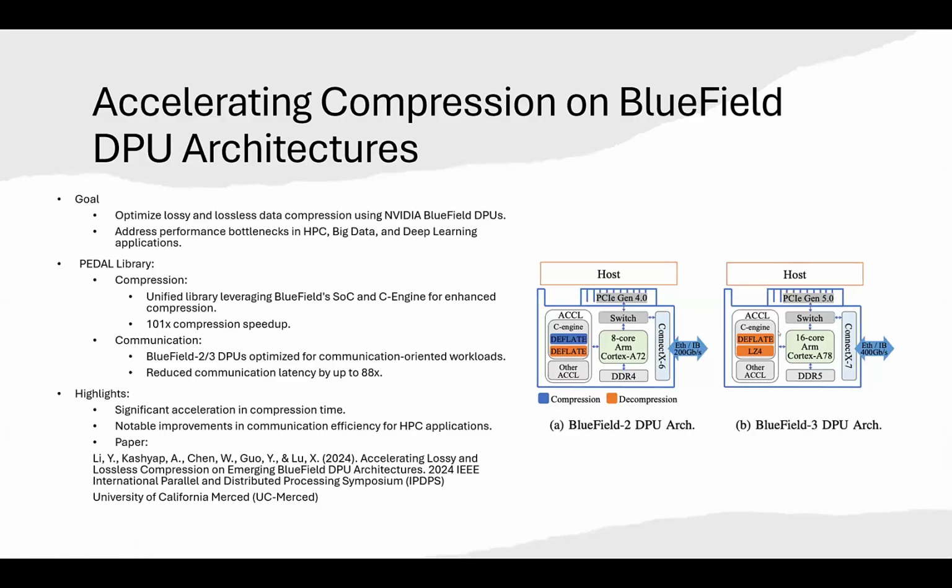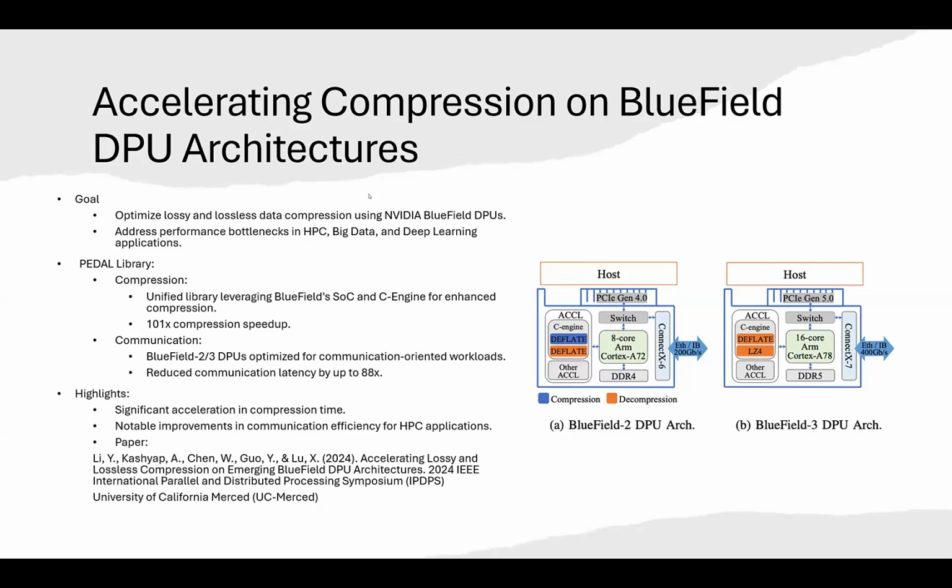yes, so there has been some work in the area of compression in the BlueField-2 and BlueField-3 architectures, where a group of researchers at the University of California, Merced has shown that the BlueFields can be used to optimize compression with a 101x speedup, and as a result, it can also improve communication latency by 88x.